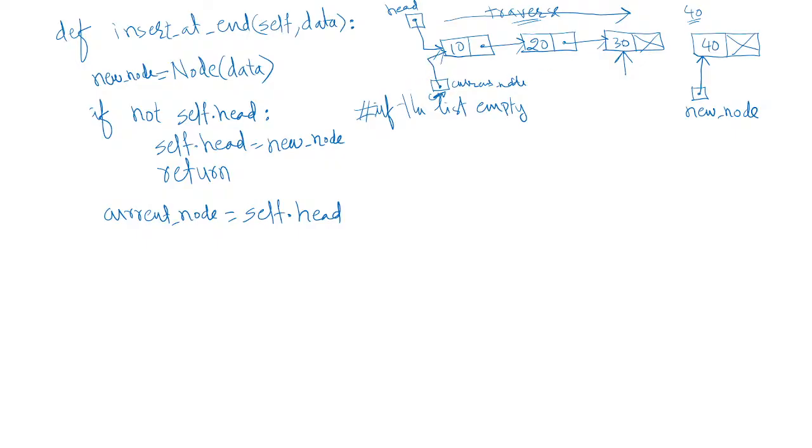So where is this 30? You do not know where the last node is. So how do we know that we have reached the last node? That is the point here. While traversing, where should we stop?